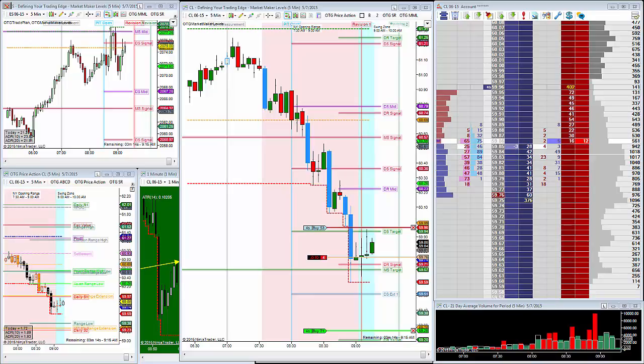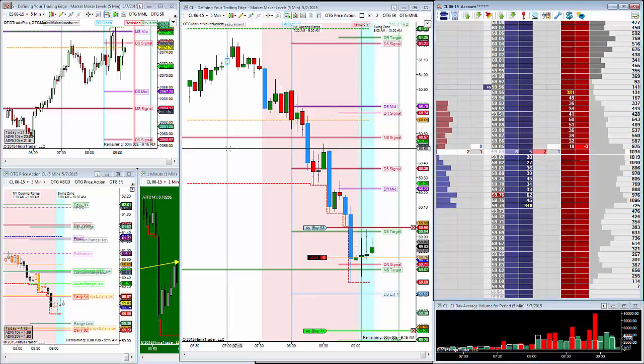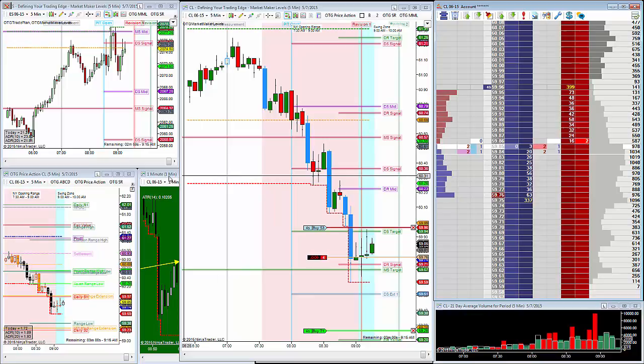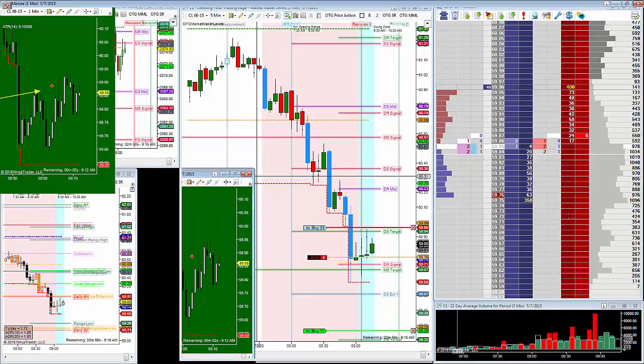All right, so again, 85, 84. Again, we're looking for 24 as your target. And again, we're staying below 88. We need to close back underneath 80 now. That is what we're looking for here. We need to close back underneath 80.